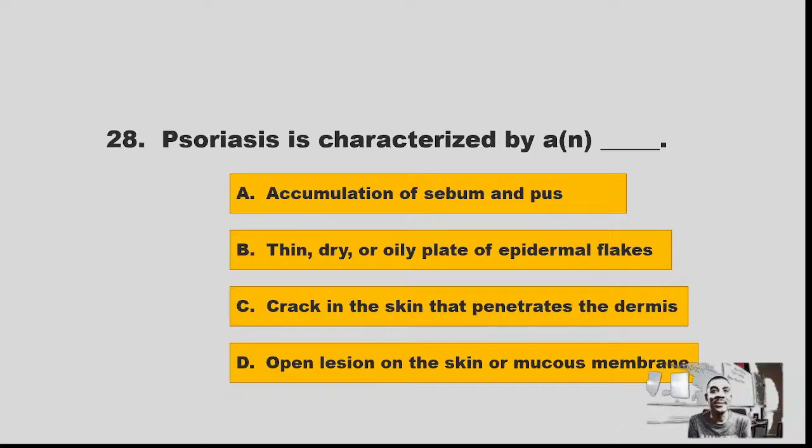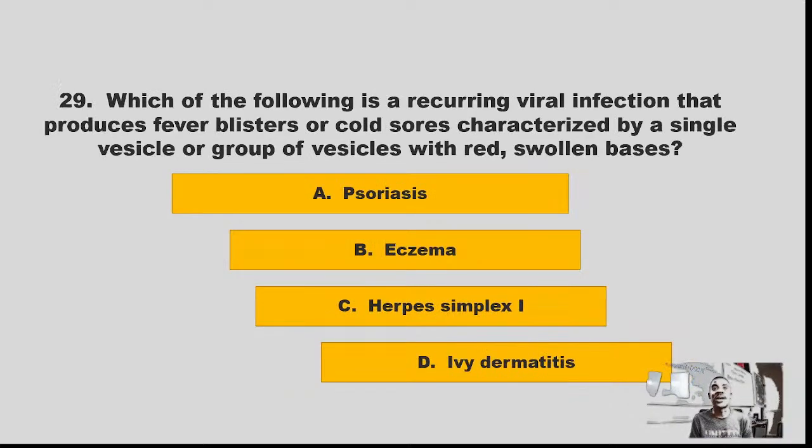Is it A, B, C, or D? What do you think? Okay, here comes the answer. If you chose B, thin, dry, or oily plate of epidermal flakes, then you are correct. On to our next question.